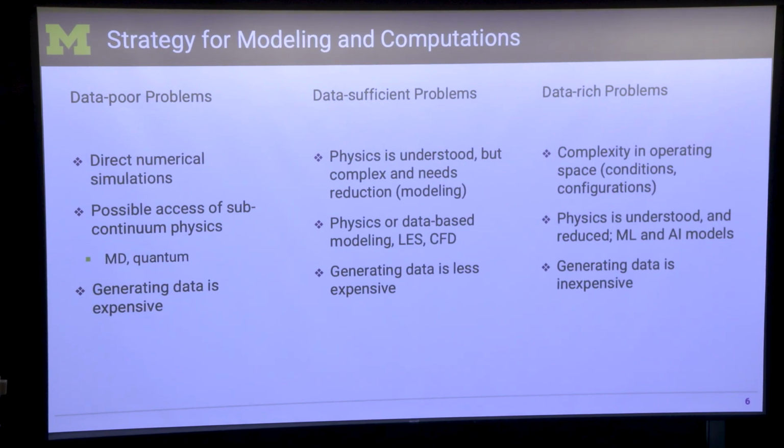Or the pressures are so high or the temperatures are so high you cannot send in laser beams and reliably get measurements. So those I call data-poor problems. So you have no access to data. You need to have some kind of intuition, a hypothesis, and you should test it out using the best methods that are available to you, which are generally high-fidelity calculations.